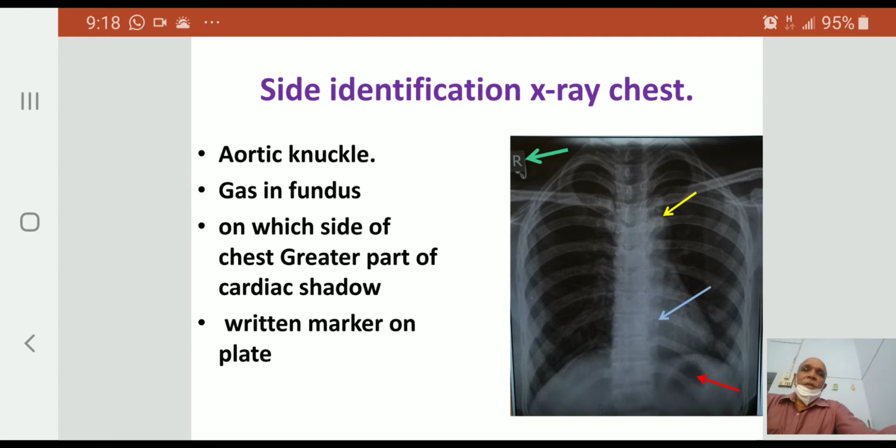Mostly the aortic knuckle is on the left side, the gastric fundus is on the left side, and the greater part of the heart is on the left side. The opposite means situs inversus or dextrocardia, but this is rare in the general population.